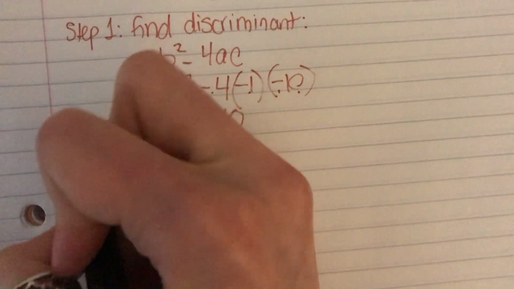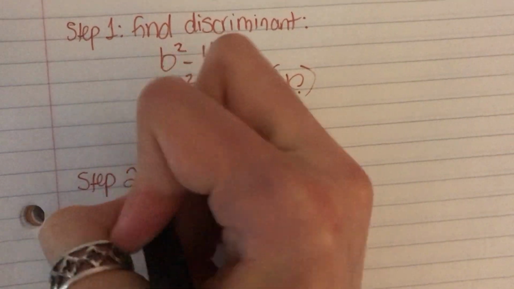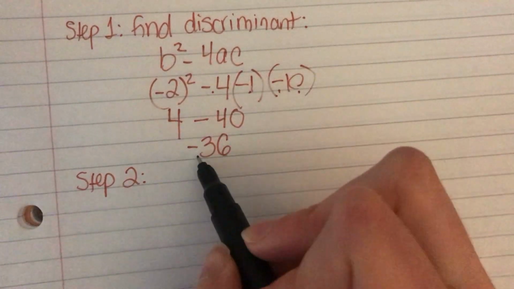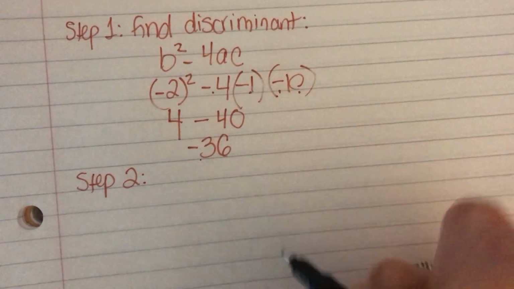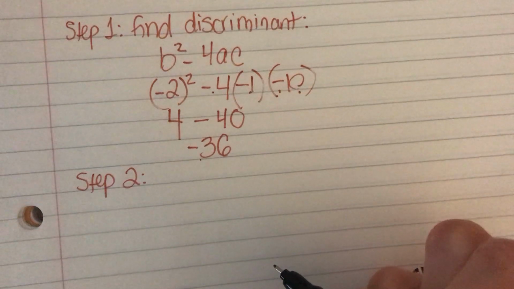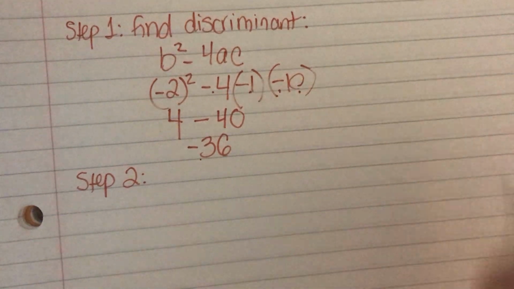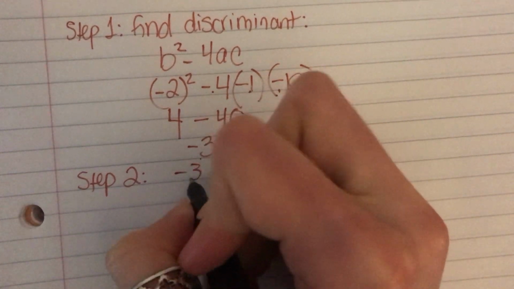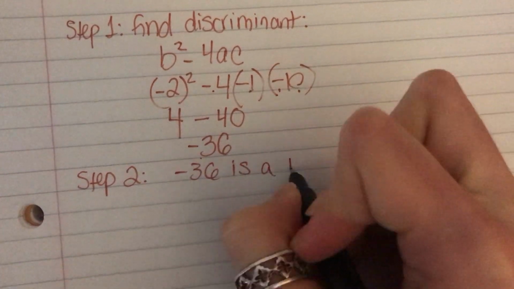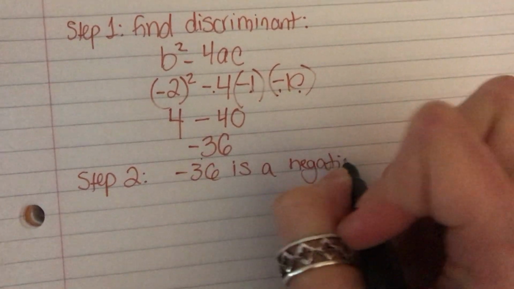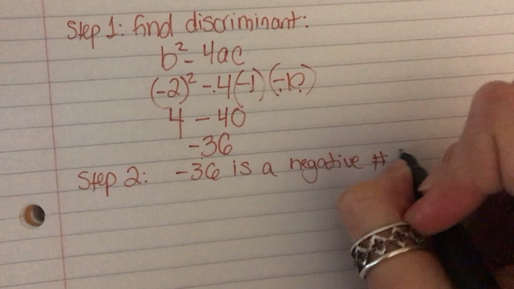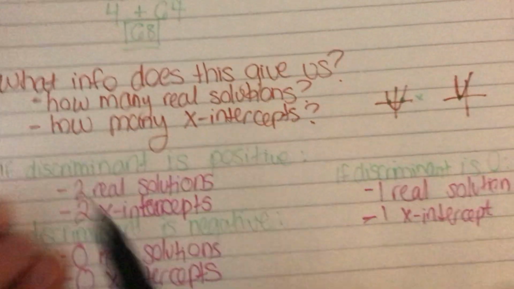Now we need to see with step 2, what does it tell us? Is the discriminant a negative number, a positive number, or 0? Those are the only 3 options. -36 is a negative number, obviously, because it has that negative sign. So we are simply going to look back over here and ask, if we're dealing with a negative number, what does that tell us?